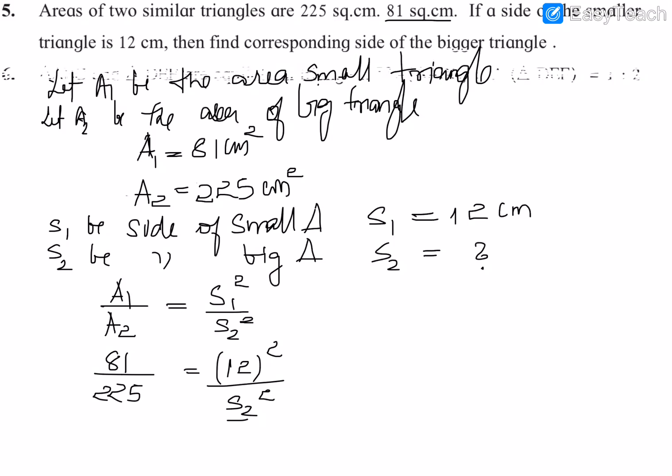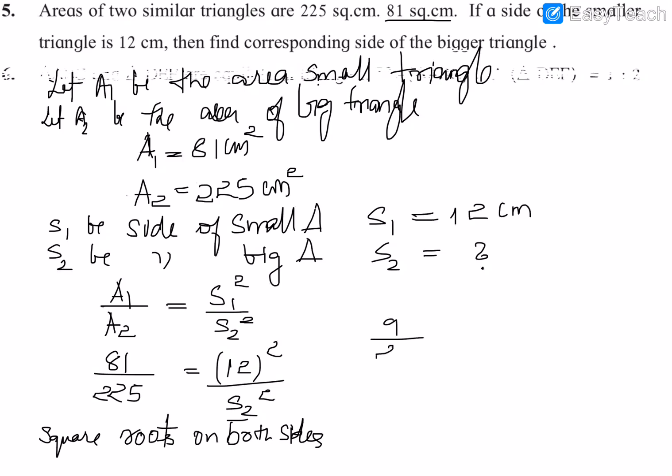Since square is on the RHS, there is square, we can eliminate the square by taking square roots on both sides. So by taking square root, it will be like root of 81 by 225.